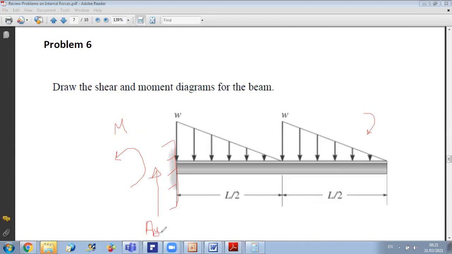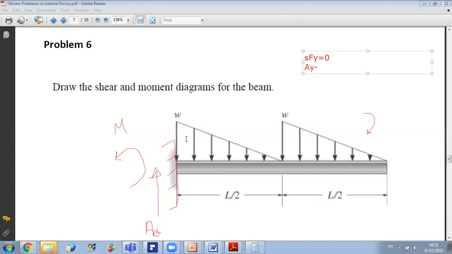So let us start by finding AY. We have that the sum of forces along Y equals 0. So we have AY minus, you have here a triangular distributed load.